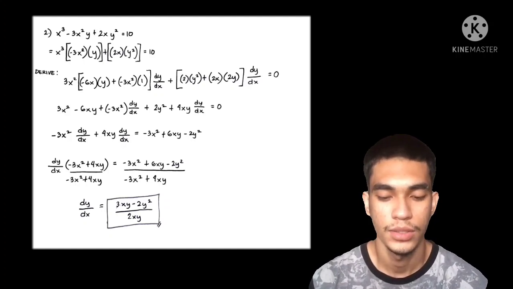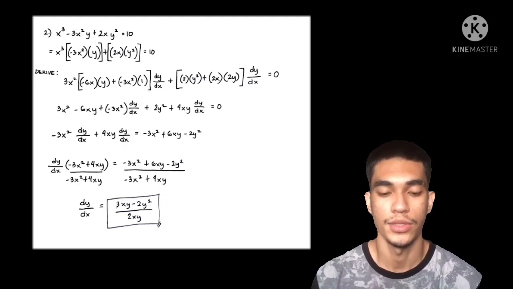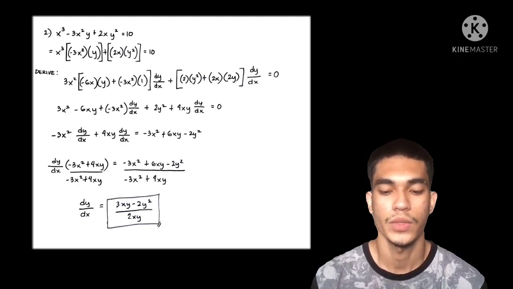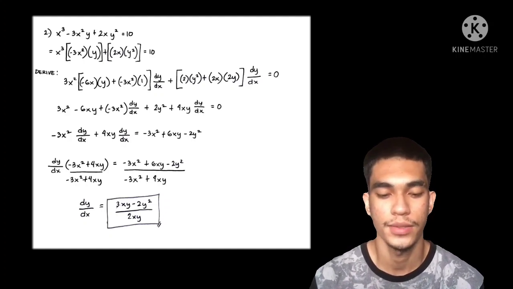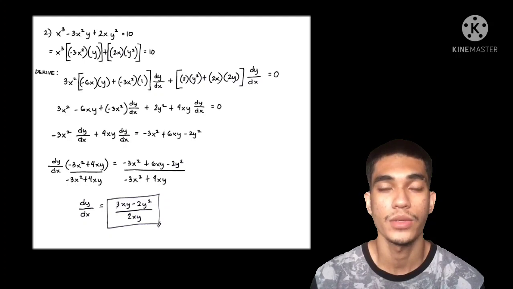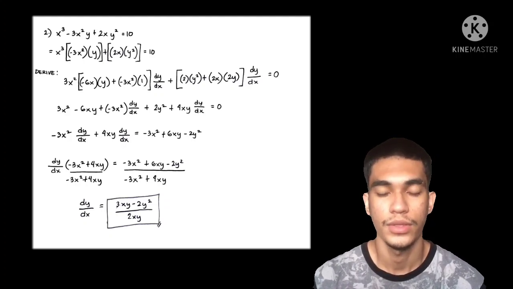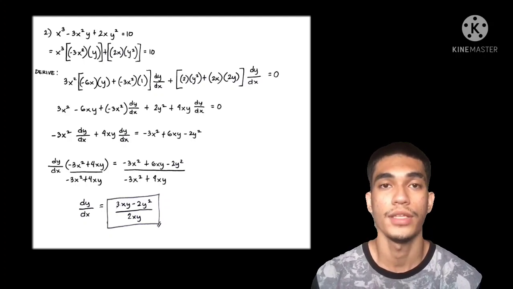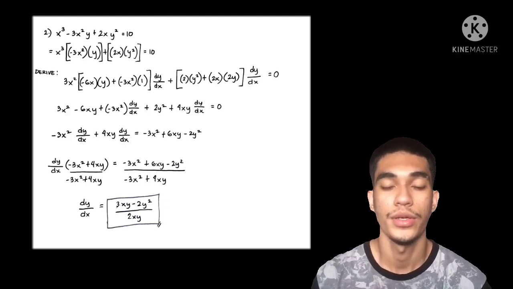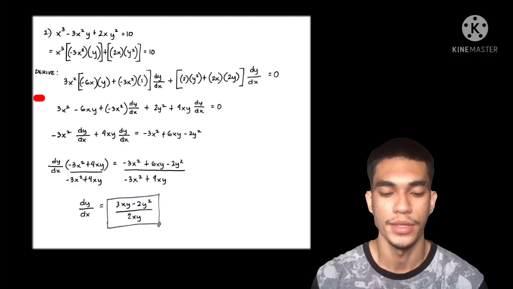Then plus, derive the 2x, which is 2, and then copy the second term, which is y squared. Then use a plus sign, copy the first term, 2x, then derive the y squared, which is 2y, then dy over dx equals 0 as the derivative of the constant. Now here, we will just multiply them.